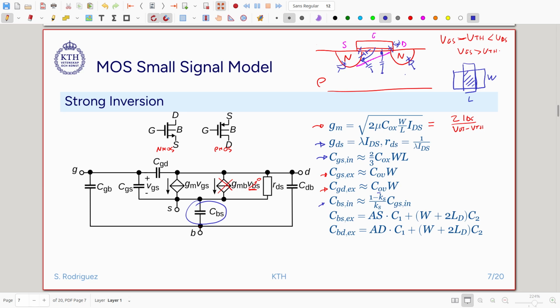These diodes are reverse biased during normal operation, but they introduce also some capacitance. So this intrinsic capacitance CBS is caused by this reverse-biased diode. And we have extrinsic capacitance also that we have to take into consideration.